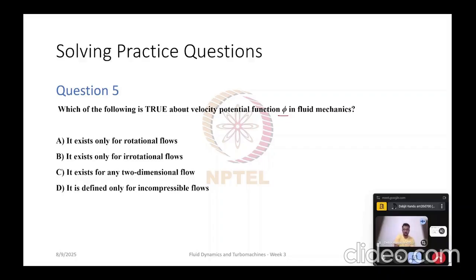Okay, so let's take a look at the solution. It's actually option B. It exists only for irrotational flows.